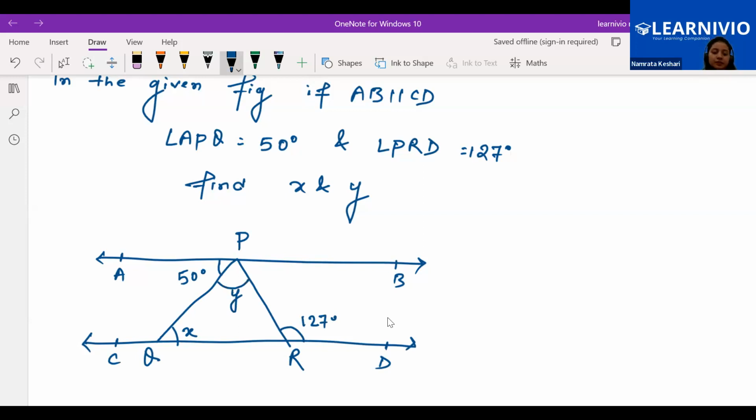Please find X and Y from here. I have written the angles which are given over here, and it is also given that AB and CD are parallel lines. Please do it.